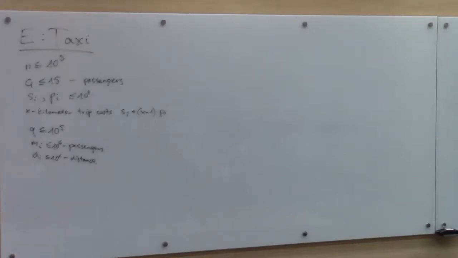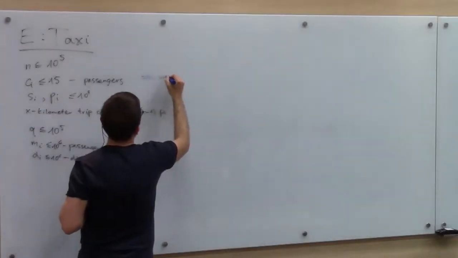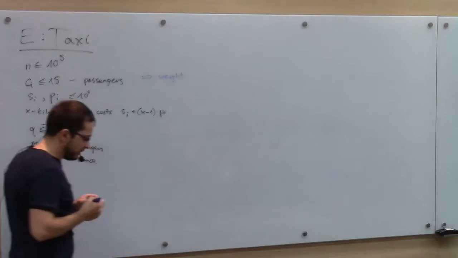If we want to do some knapsack here, the first thing is we would like to see what is the weight of the items and what is their cost. This value Ci is not very fortunate because Ci suggests cost, but actually Ci, the number of passengers we can fit in one cab, is the weight of the item.